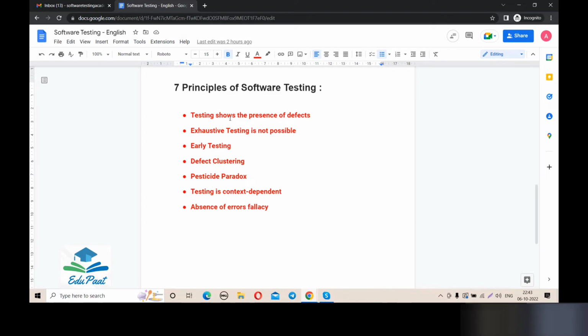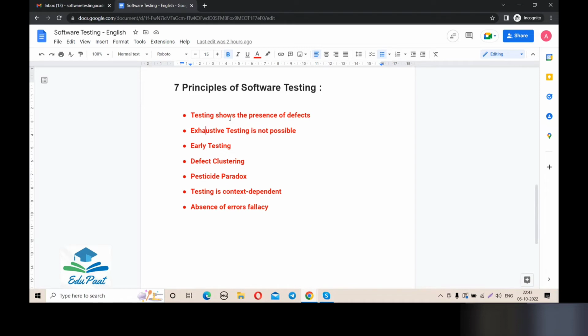Now I am coming to the next point. What is defect clustering? Defect clustering we can describe as the Pareto principle.